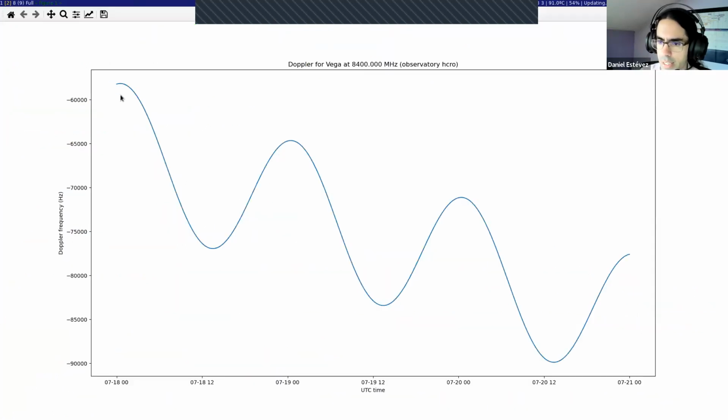If we plot 3 days, now it is apparent that besides this sinusoid because of Earth rotation, the Doppler is decreasing. And that's because the Earth is moving around its orbit around the sun. So in fact, we have a larger sinusoid with a period of 1 year. And for these 3 days, which we are including in the plot, the larger sinusoid is decreasing, and then it will increase again.